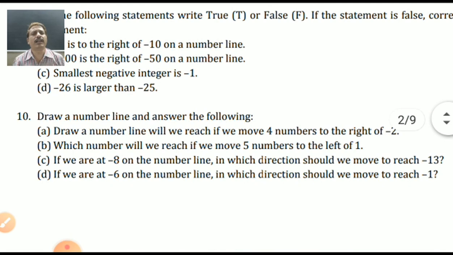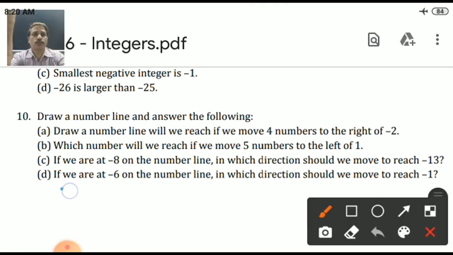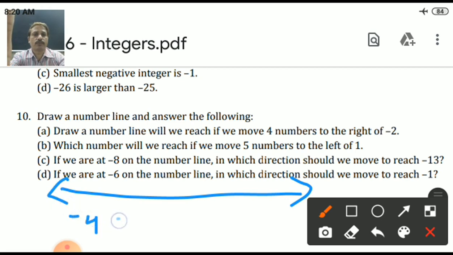10. Draw a number line and answer the following. Where will we reach if we move 4 numbers to the right of minus 2? You have to stand on minus 2, then after right side 4 steps. 1, 2, 3, 4. Just like this way. I want to show you. This is a number line. We are standing on minus 4, minus 3, minus 2, minus 1, 0, 1, 2, etc. Isn't it?